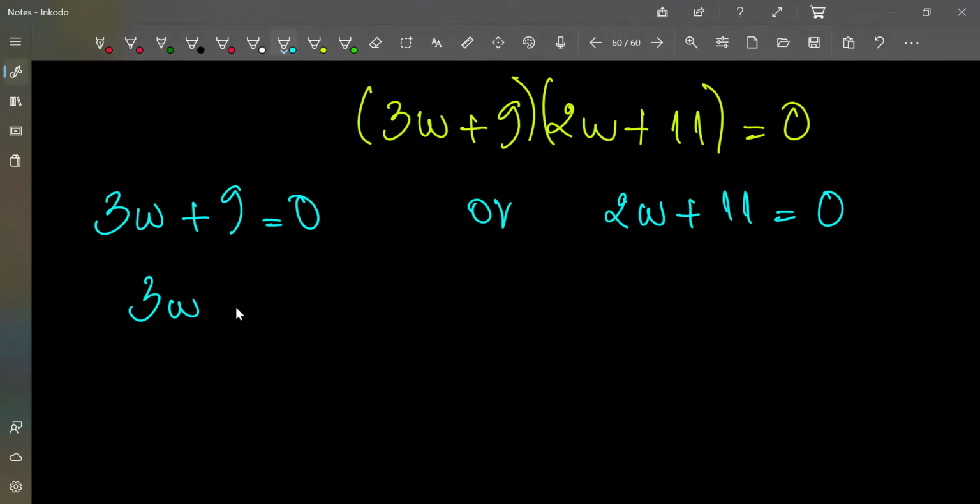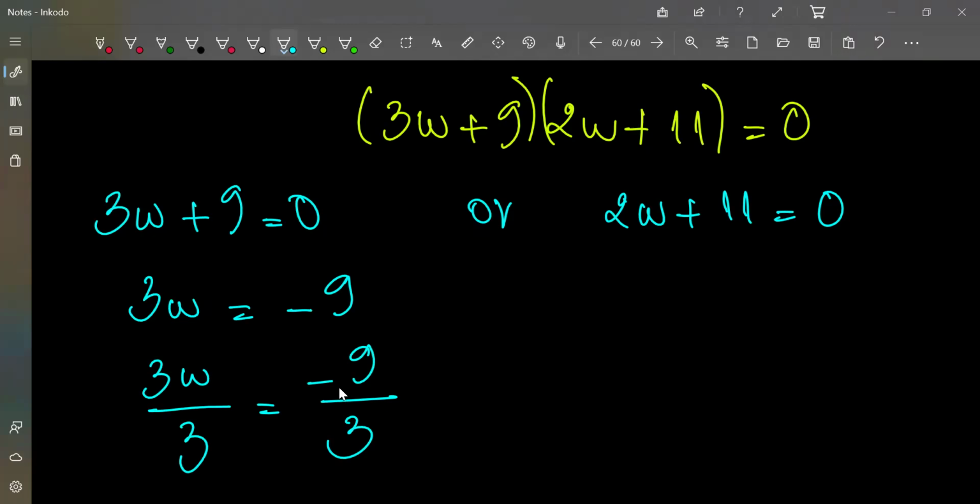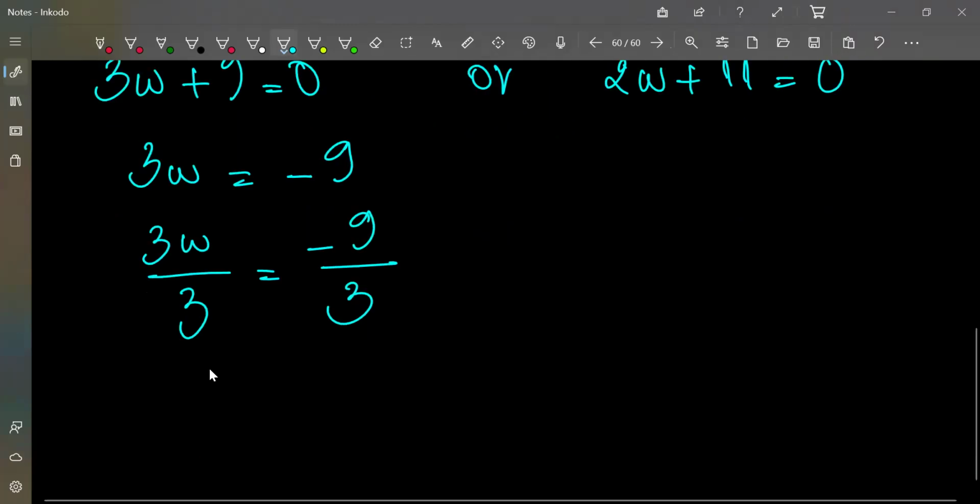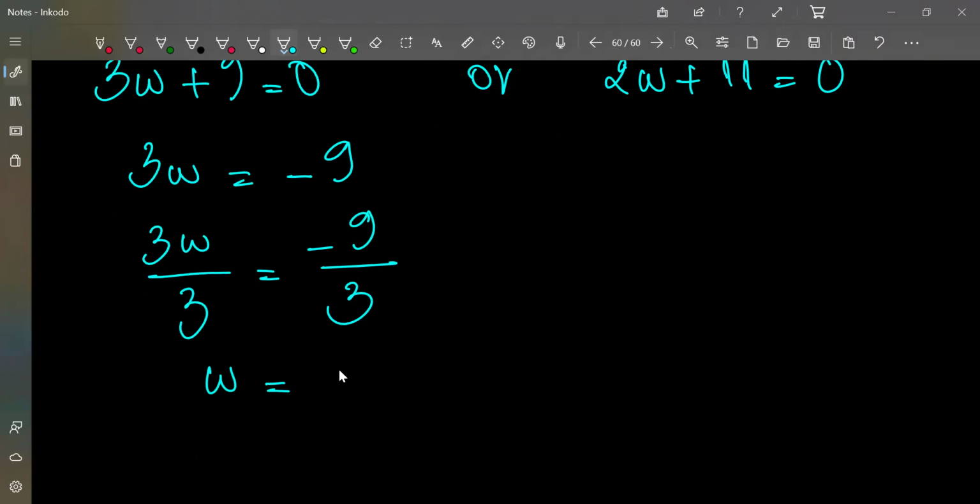Okay, so 3w is equal to negative 9. It is the transposition method to solve the equation. So now let's divide both sides by 3: w equals negative 9 over 3. Okay, so we get w is equal to negative 3.